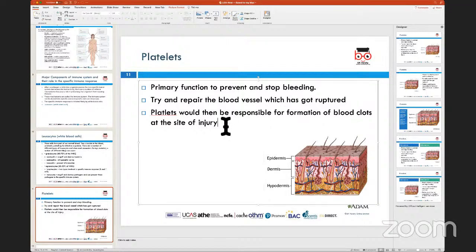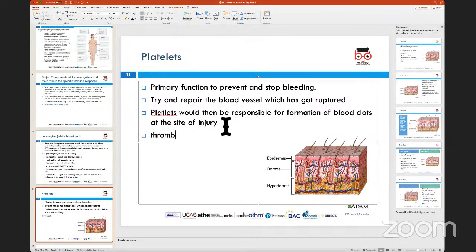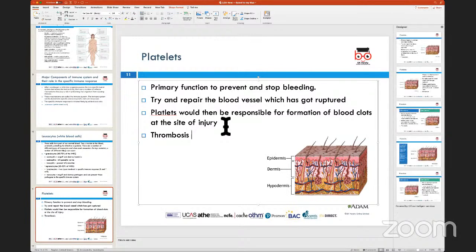Thrombosis is where the blood clots formed within the blood vessels create a delicate balance between preventing excessive clotting and ensuring that the clot is only needed till the time it can replicate the layer which is required to essentially heal the skin. And this part of the process is also done by the platelets.